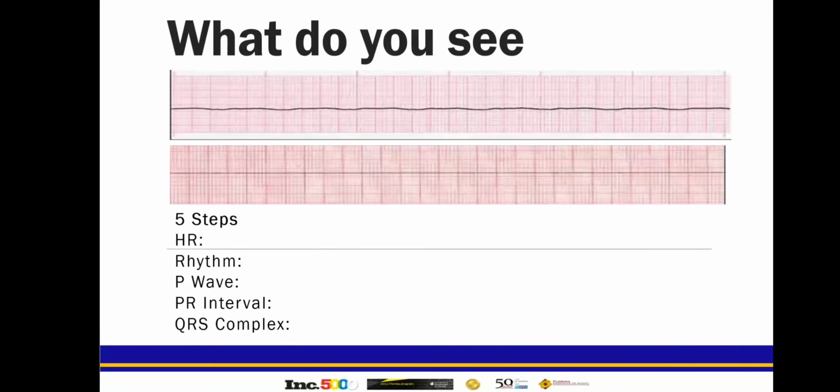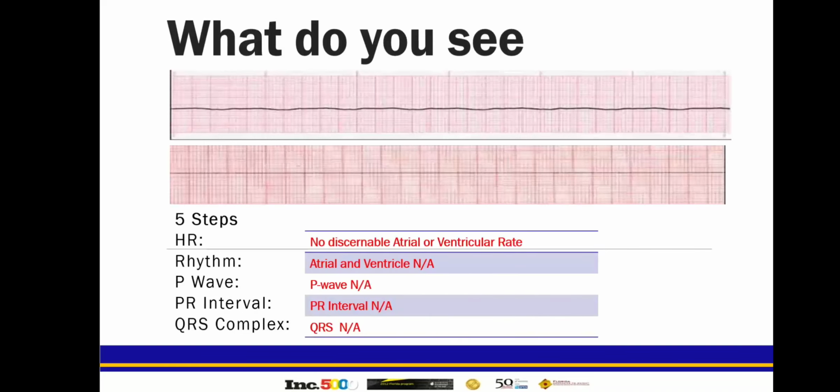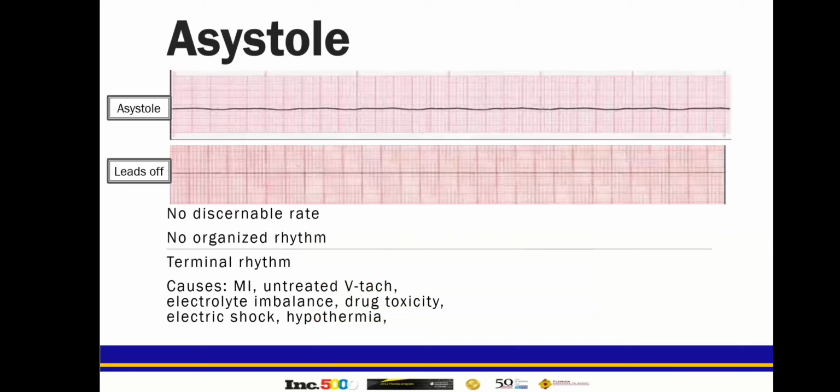And let's take a look at this one. All right. This is no discernible anything. The top one is someone who is in what we call asystole, right? So asystole is there's no electrical activity at all.